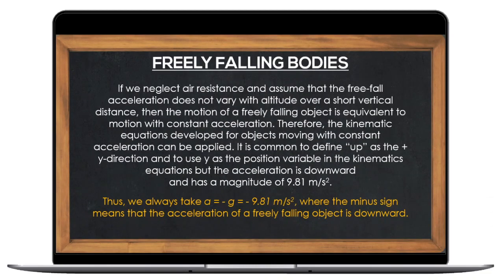Let's discuss further. If we neglect air resistance and assume that the free fall acceleration does not vary with altitude over a short vertical distance, then the motion of the freely falling object is equivalent to motion with constant acceleration.